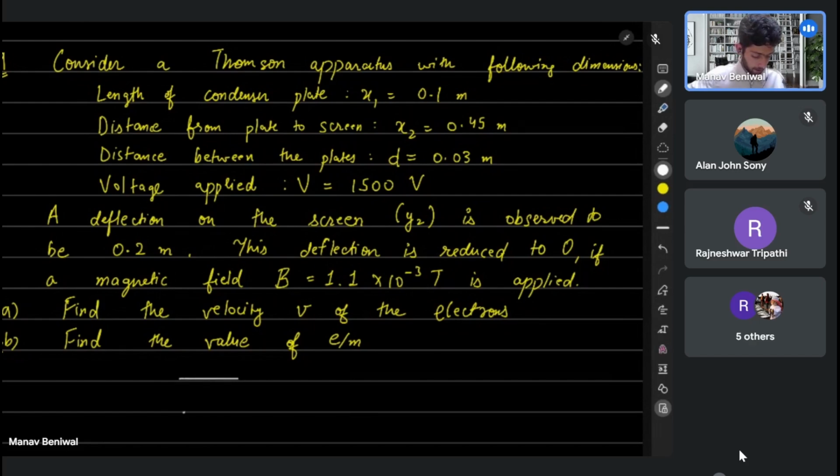So one plate is like this, the other plate is like this. So this distance is x1. And you have your screen here. This distance is x2.